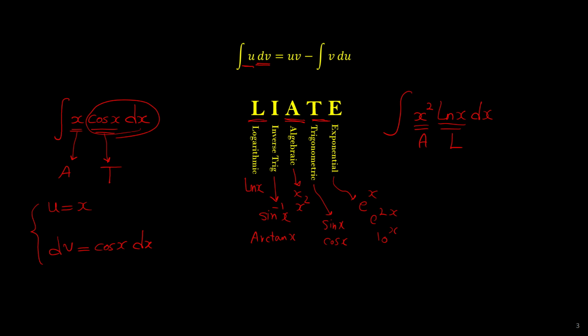Because L comes before A, we choose u to be ln of x, and the other part of this integral will be dv. So dv is x squared dx. So you can use this acronym when you want to choose u and dv in the integration by parts.